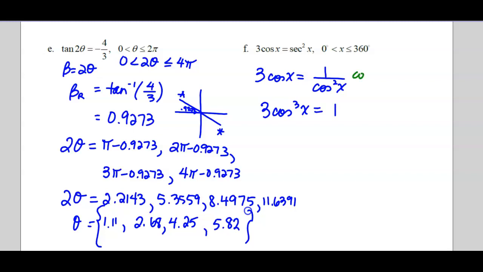So really you multiply both sides by cos squared of x. Now, interestingly, if this had been something like 8, then that would be 8 cos cubed x. You could bring the 1 over, and it would be a difference of cubes.